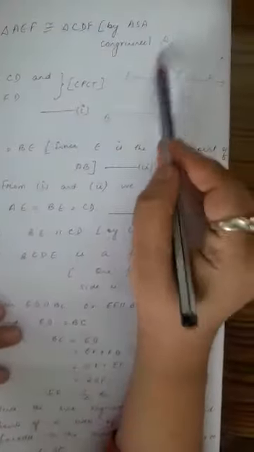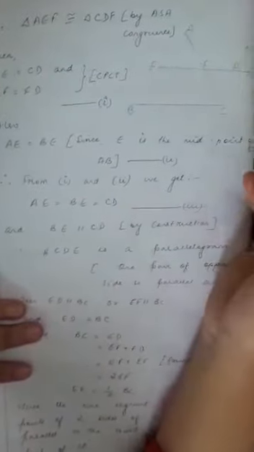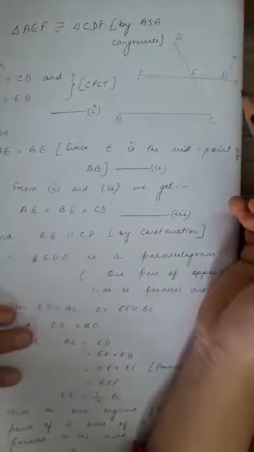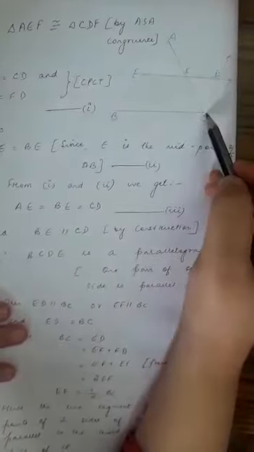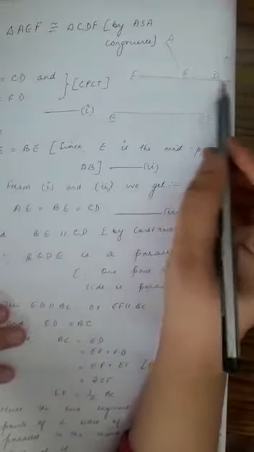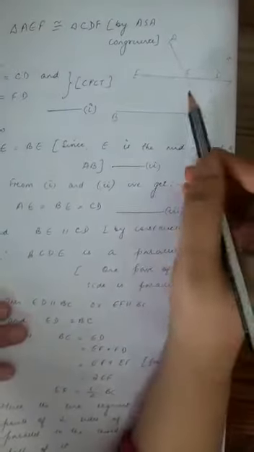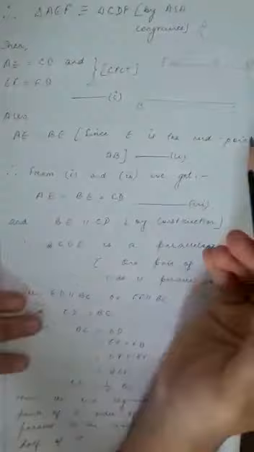Therefore these two triangles, AEF and CDF, are congruent by ASA congruency. If these two triangles are congruent, then AE will be equal to CD and EF will be equal to FD by CPCT. I will keep this as equation number 1.